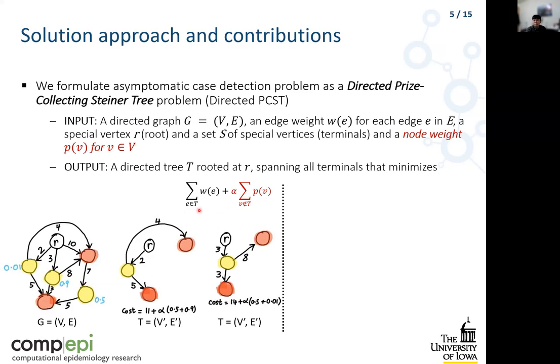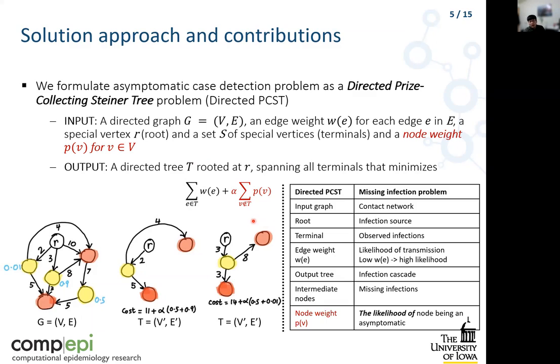So this objective function of the directed PCST aims to balance two weights: a weight due to the edges included in the tree, and another set of weights from the nodes that are excluded from the tree. Therefore, the optimal solution tree uses a combination of low weight edges and high weight nodes. And we can use the likelihood of a node being asymptomatic as the weight of the nodes in the graph.